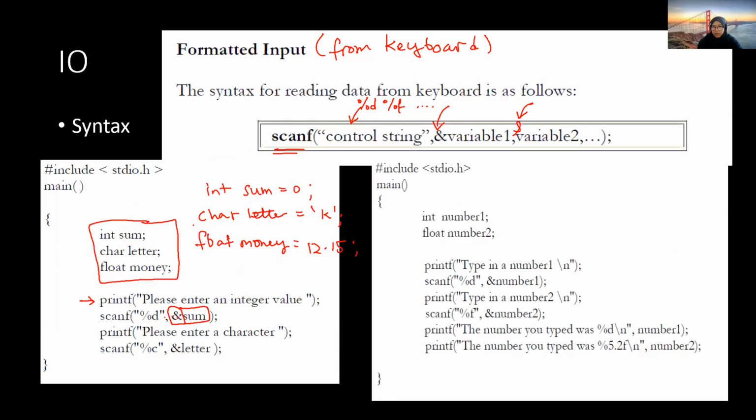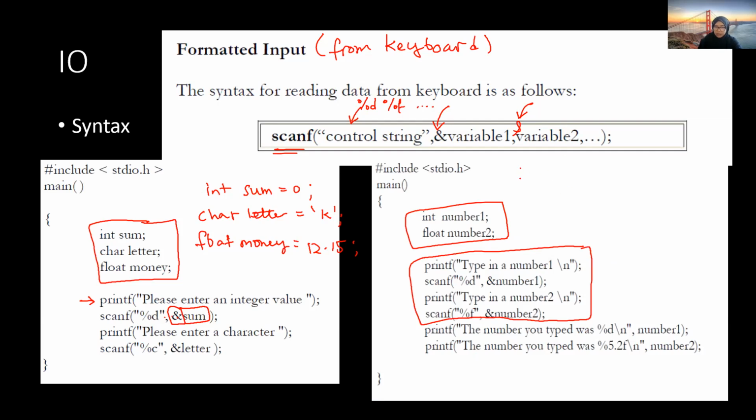All right, now let's see this example. Type in a number: declaration, number 1 as integer, declare number 2 as a float. Same thing, I can also simplify into one line.